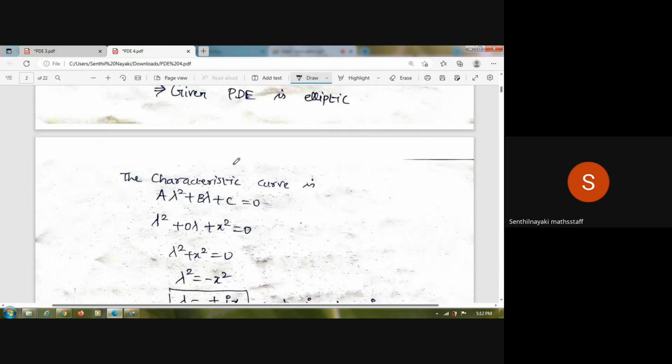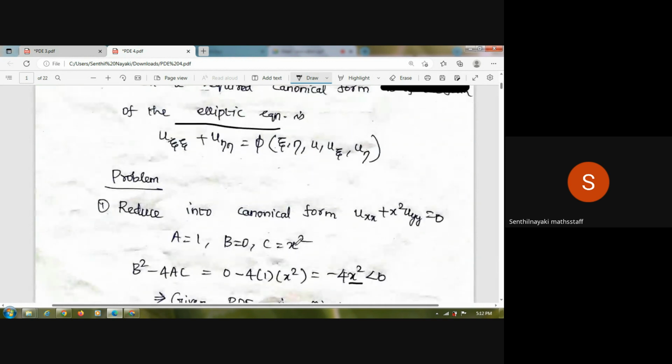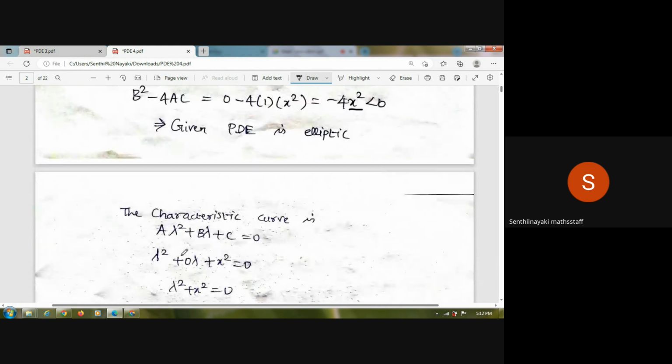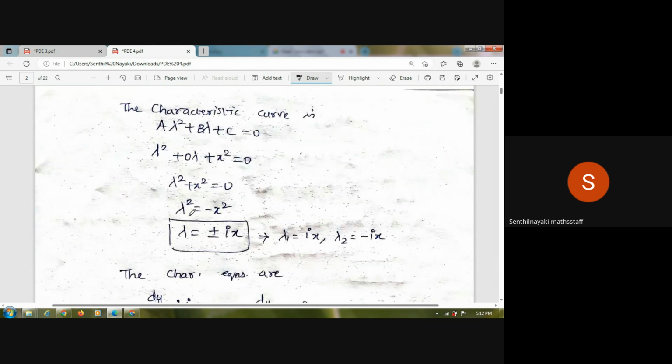If b square minus 4ac less than 0, it means the given PDE is elliptic. Therefore the characteristic equation is a lambda square plus b lambda plus c equal to 0. Substituting a is 1, b is 0, c is x square: 1 into lambda square plus 0 lambda plus x square equal to 0. So lambda square plus x square equal to 0, and we get lambda equal to plus or minus ix.